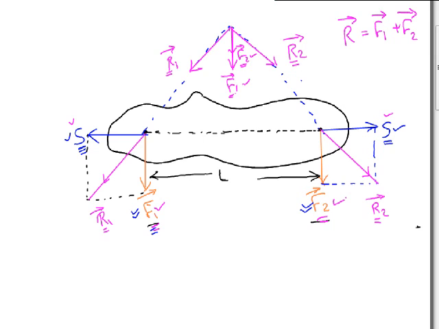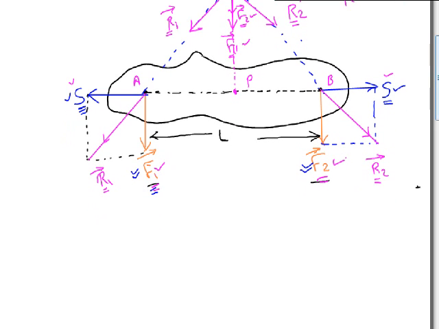Further, we can show that if we extend this line and it meets this in a point P, and let us further assume that this is point A, this is point B, we can further prove that AP by BP is equivalent to magnitude of F2 by magnitude of F1.